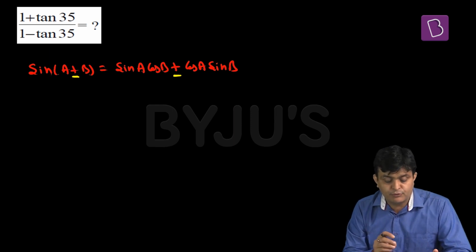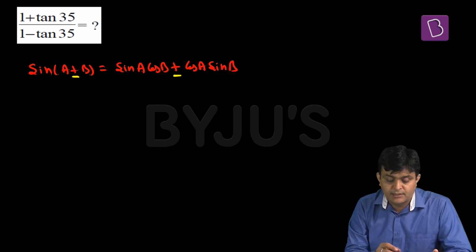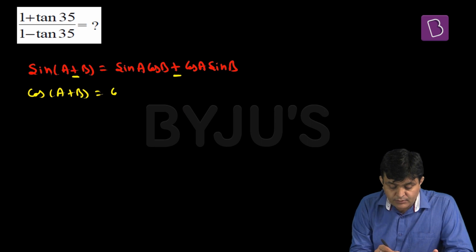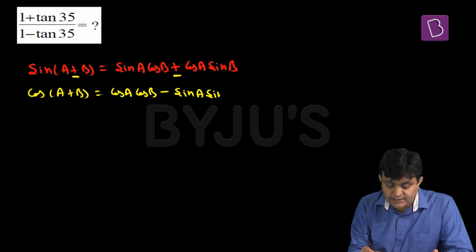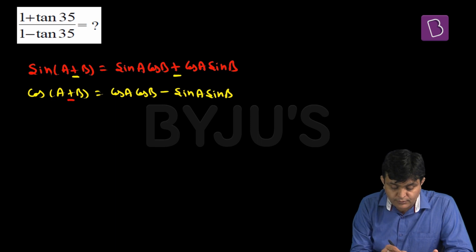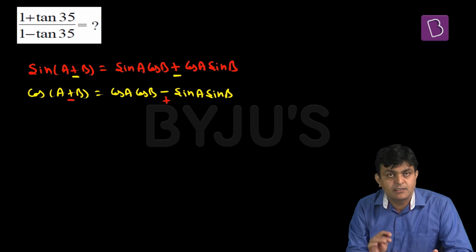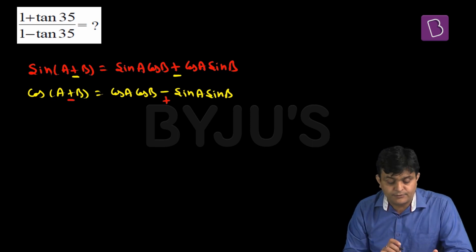So there are two formulas, sin A plus B, A minus B. And if we make cos A plus B, it is cos A cos B minus sin A sin B. माइनस के लिए प्लस और प्लस के लिए माइनस, तो देयर आर 4 formulas now.